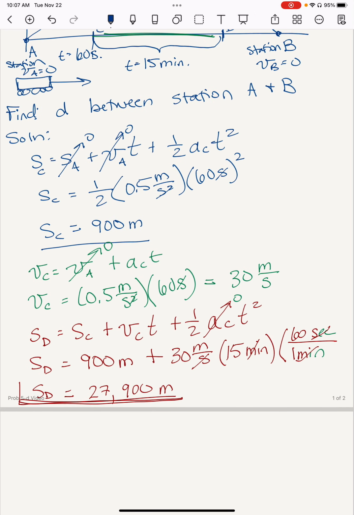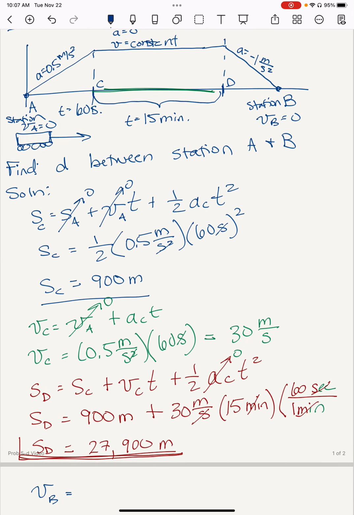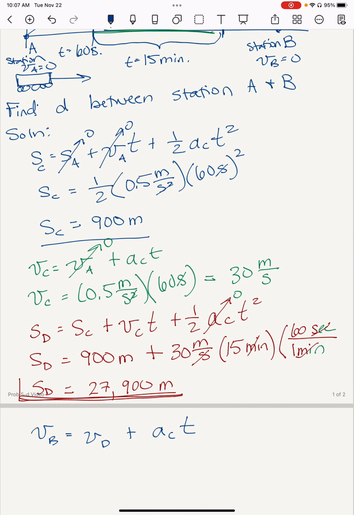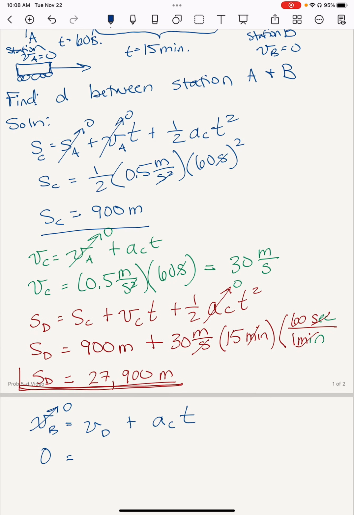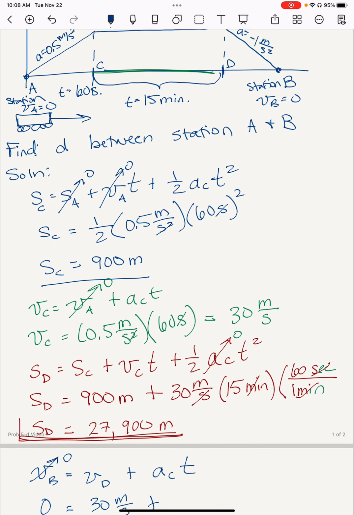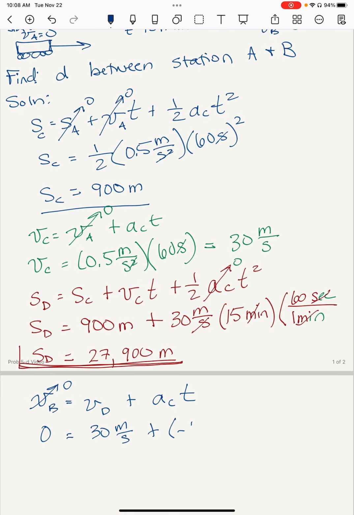So we have the velocity at B equals velocity at D plus acceleration times time. The velocity at B is 0. So 0 equals the velocity at D, which was that initial velocity of 30 meters per second, plus the acceleration, which was negative 1 meters per second squared, times time. We're interested in that time.